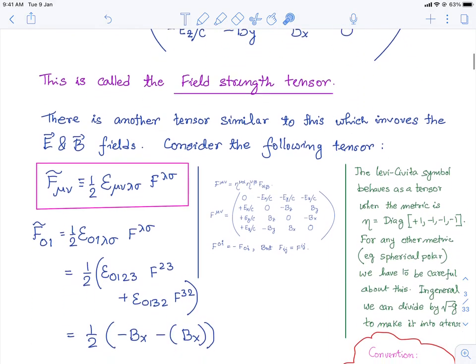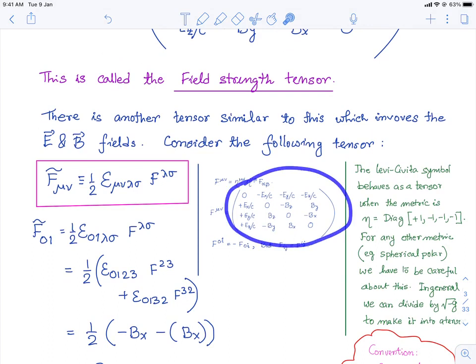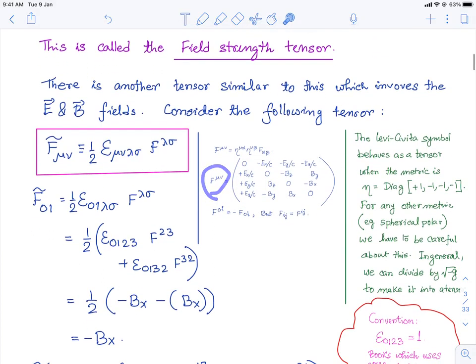Okay, so this is the matrix form, if I write down the raised form of F mu nu. Now you can see what the F23 term is. For 2-3, you have to go to the second row, and the 3 is the fourth column here, so that's Bx, so that's minus Bx here, right, and so on.